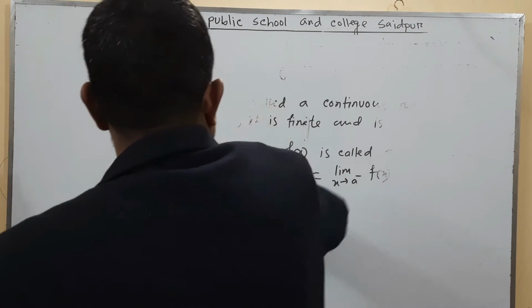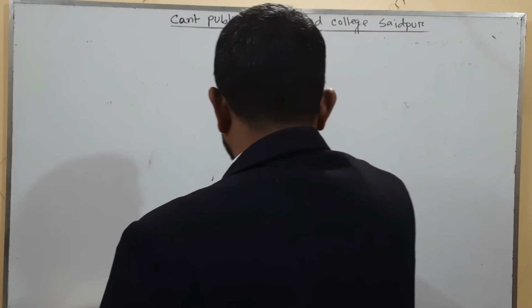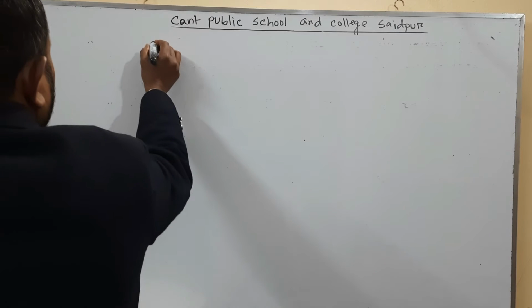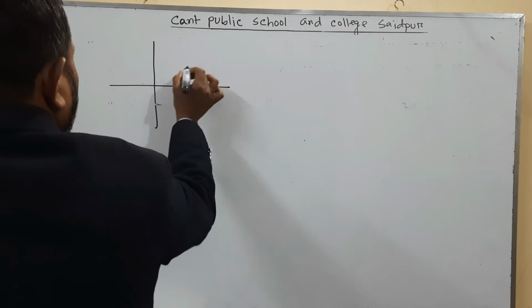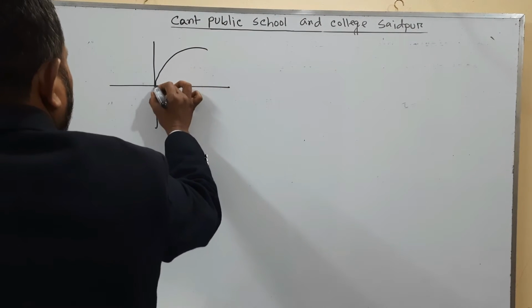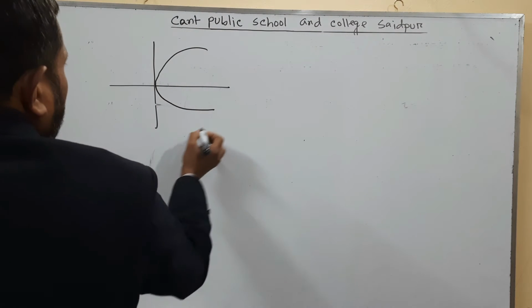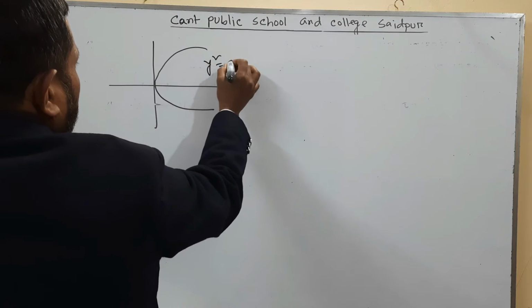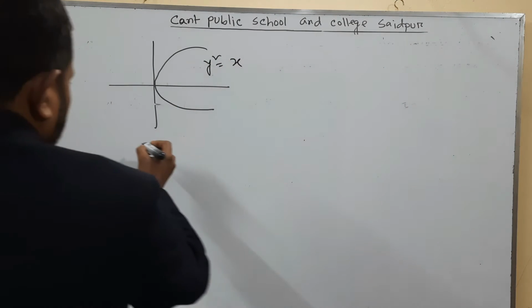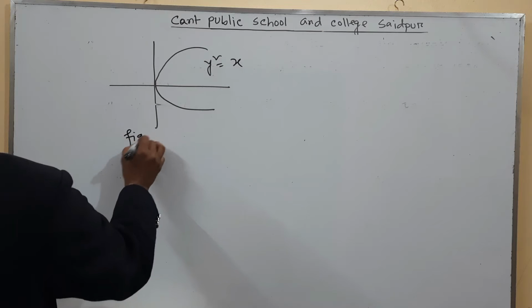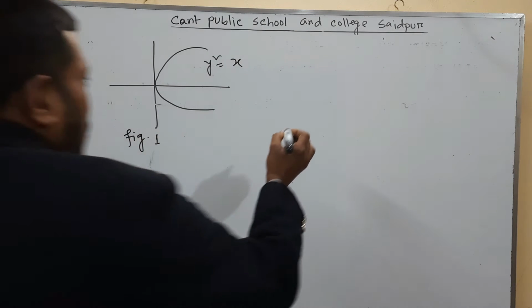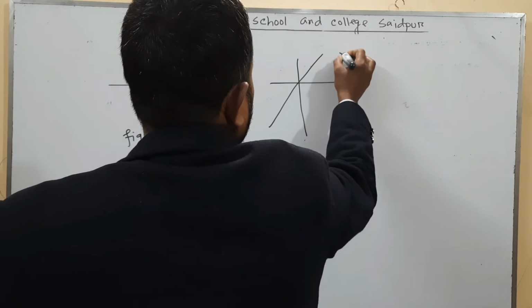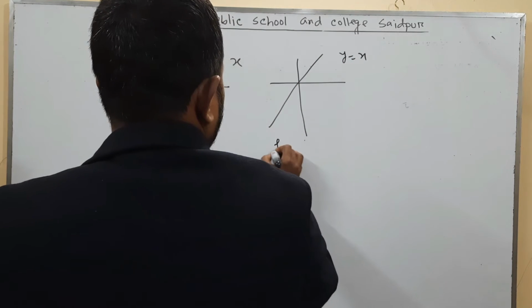I am drawing three figures. We know this function y square is equal to, suppose, x. Figure 1. This is y is equal to x. Figure 2.